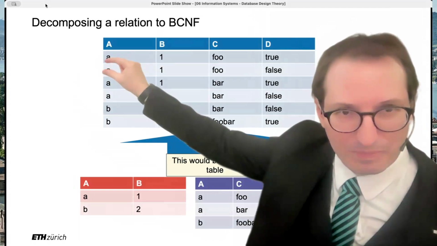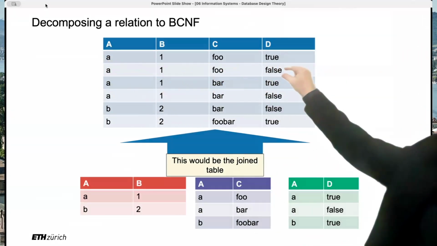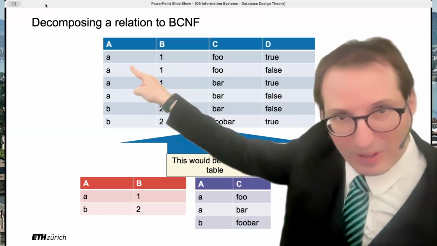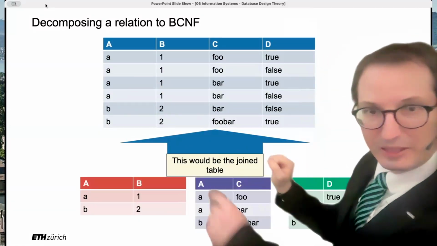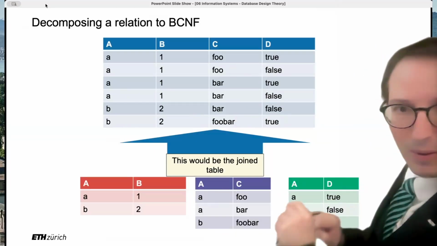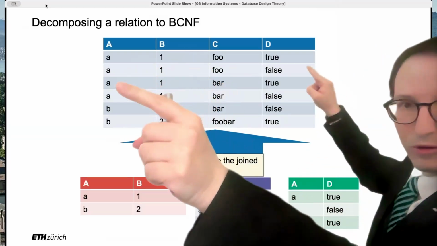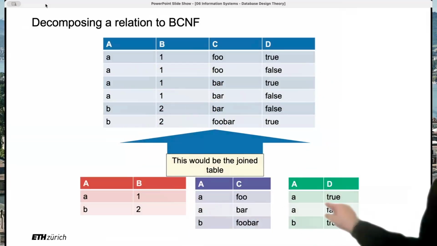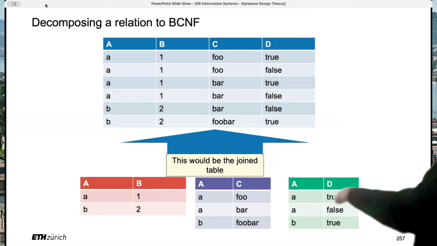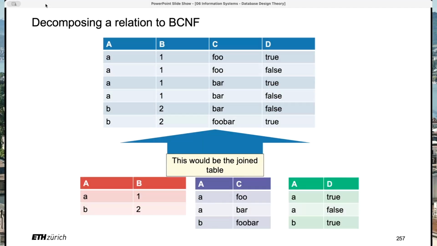If I have this tuple right here in the join, it must come from somewhere. Well, it came from A1, it came from A foo, and it came from A false, from here. So if you have it in the join, the projections must have been in the original tables. Who is with me?